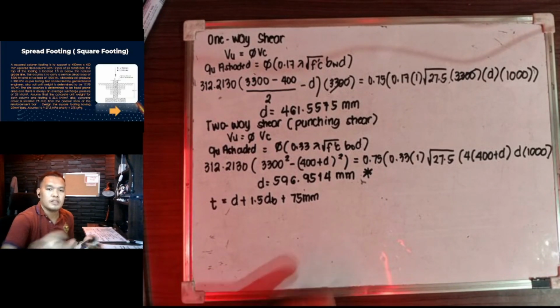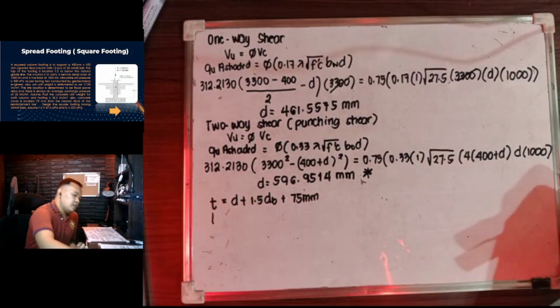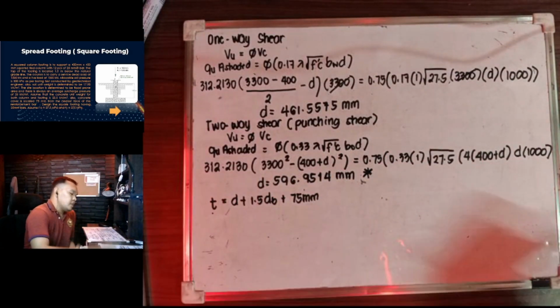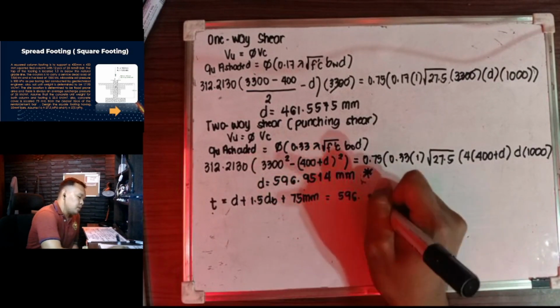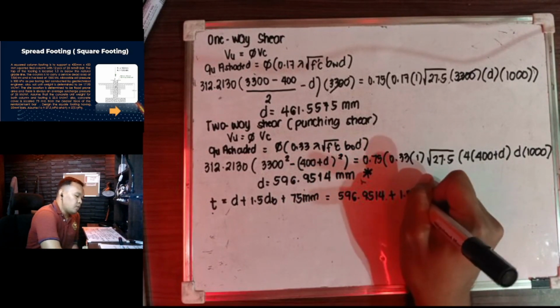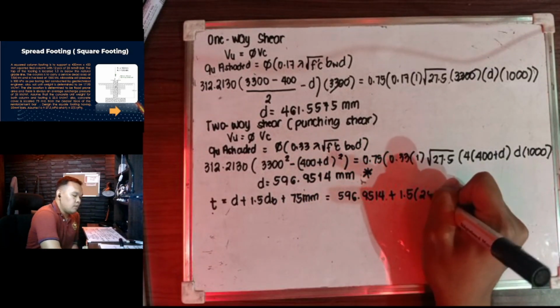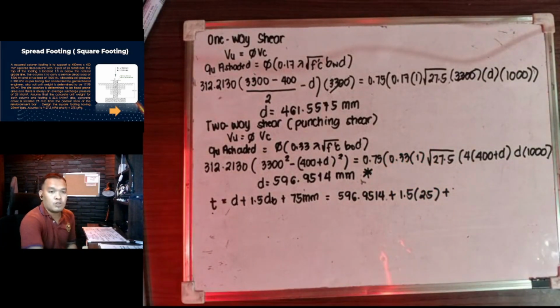Next problem natin. Okay. So, we could say that the thickness is equivalent kay, equals to 596.9514 plus diameter of bar 1.5, which is 25 mm plus 25 mm, which is itong ditong part na yan.